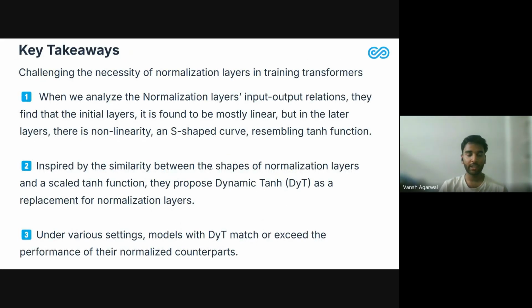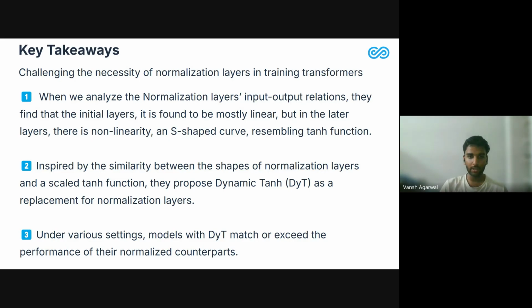The key takeaways in this paper were that they analyzed the normalization layers' input and output relations and figured out what exactly their purpose is and how it's transforming the input. In the initial layers, they found that it's mostly linear, but in the later layers, they saw an S-shaped curve and a non-linearity that these normalization layers are bringing in.